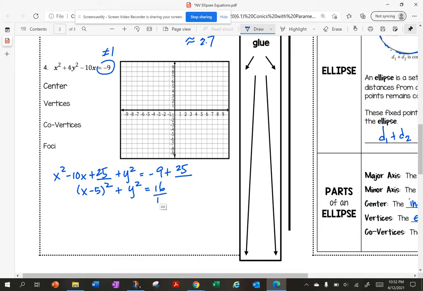Now I'm going to divide all the terms by 16, so it equals 1. So this is x minus 5 quantity squared divided by 16 plus y squared divided by... I'm sorry, because I had a 4y squared here, I missed this. So with 4y squared, this makes y squared divided by 4.